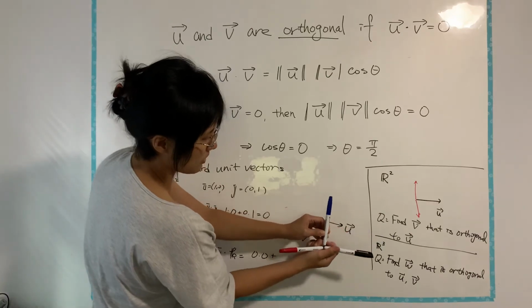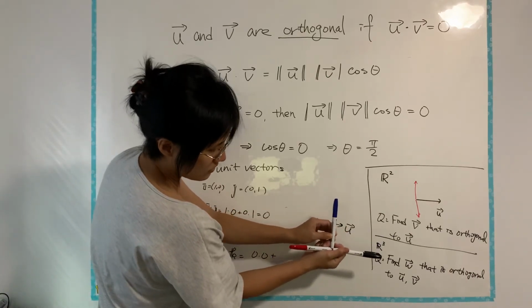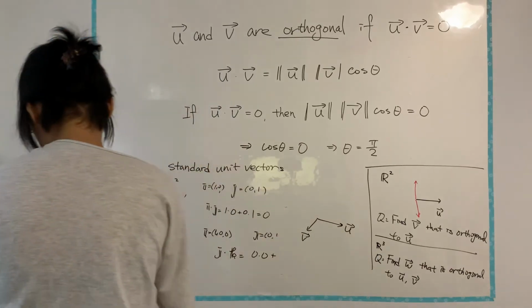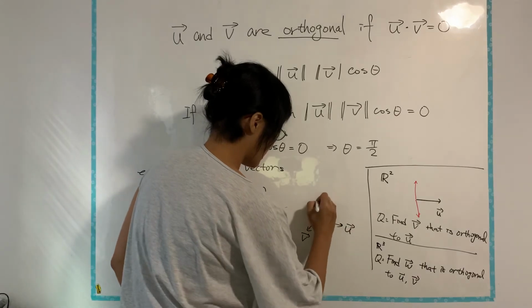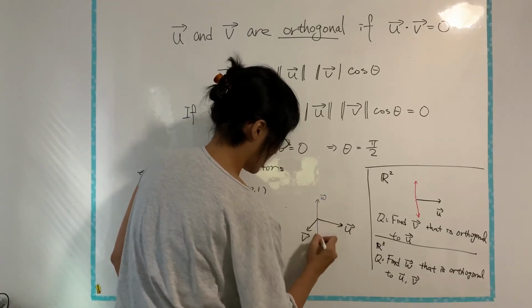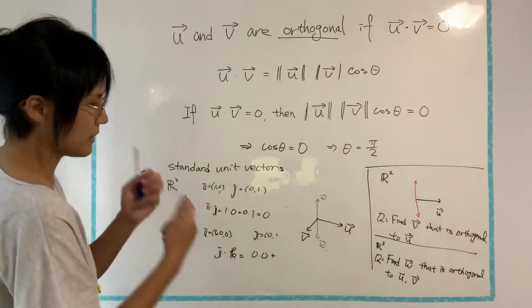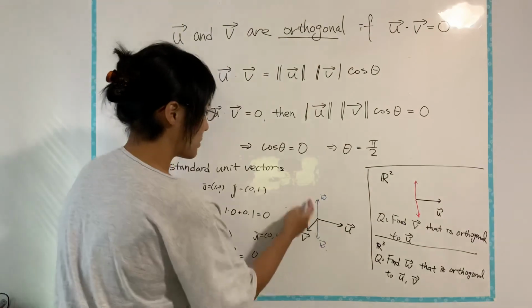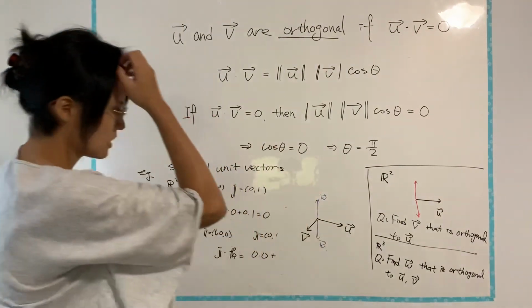Okay, so for example, this could be my vector w. In this case, w could be this one pointing up or this one pointing down. Okay, they are both perpendicular.